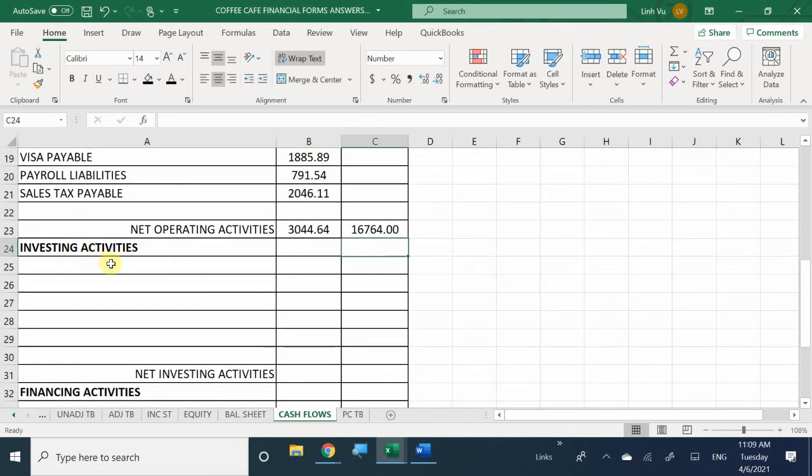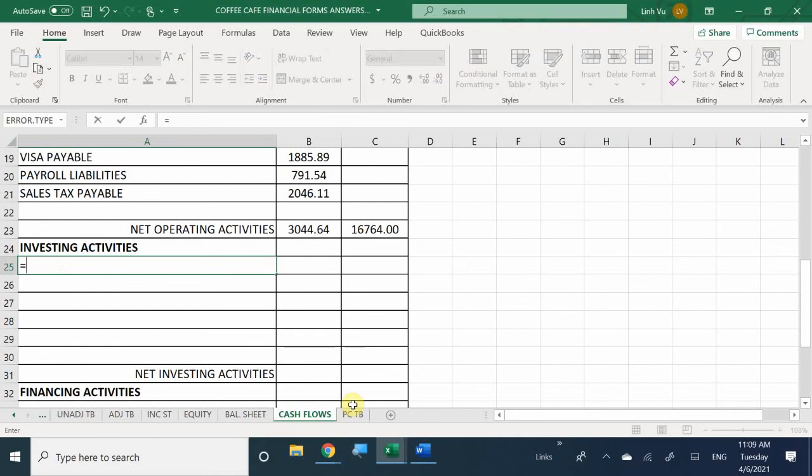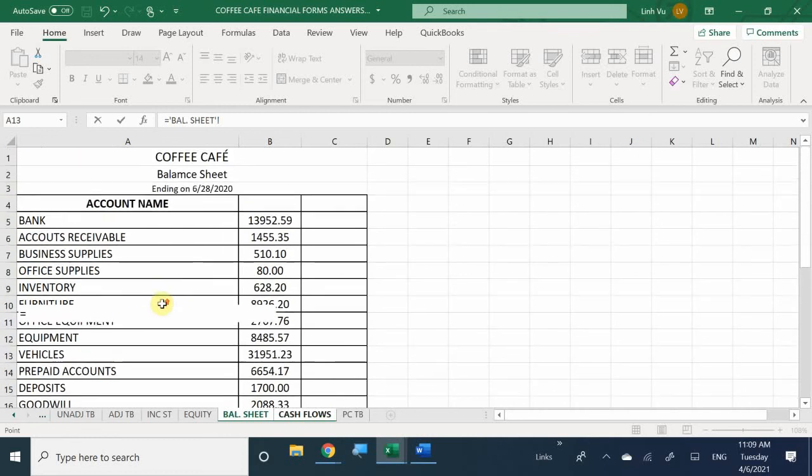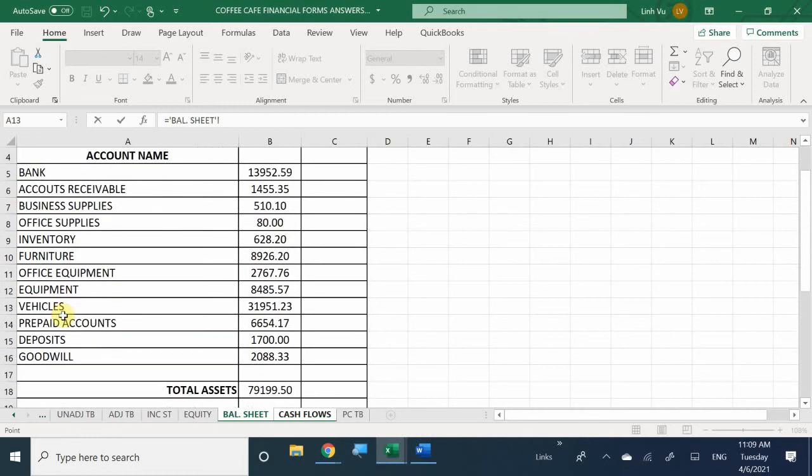Now we're going to be looking at investing activities. So once again, what did we invest is going to be anything that's considered your fixed assets. So first things first, let's take a look at our balance sheet. These numbers reflect the market value, the book value of all of the items that we purchased.